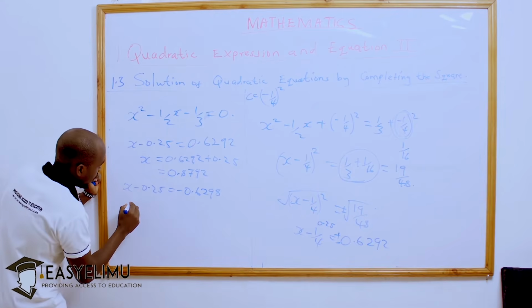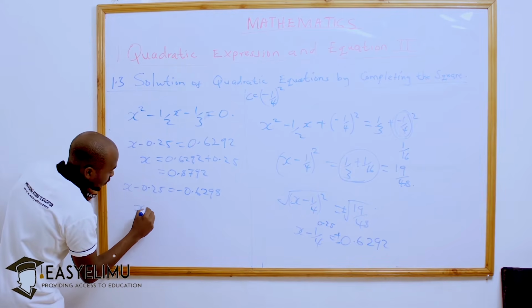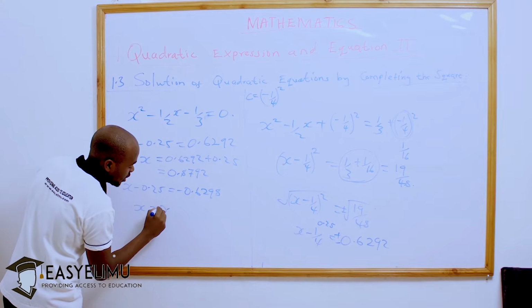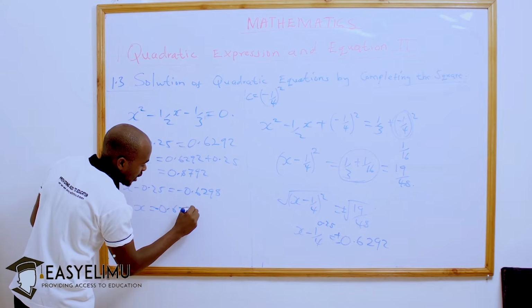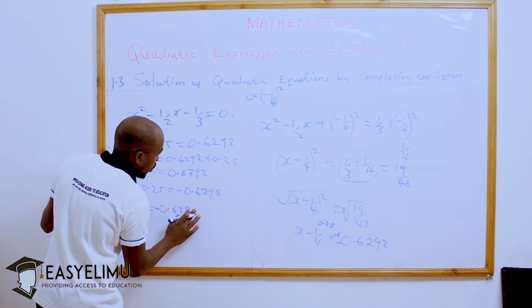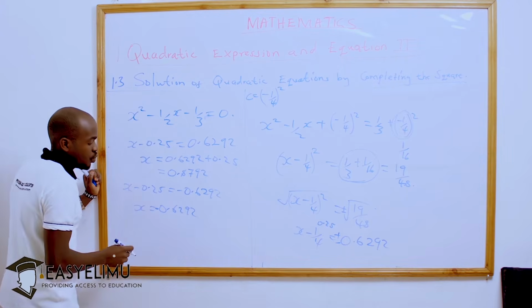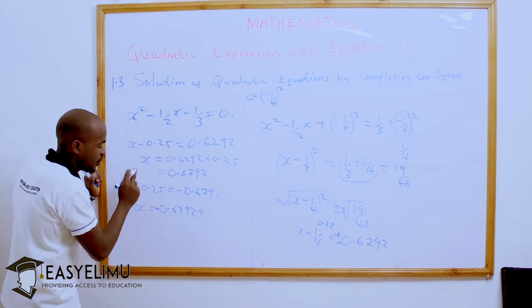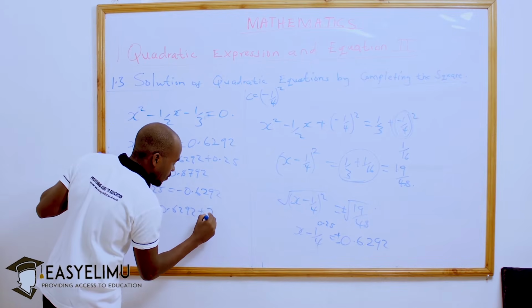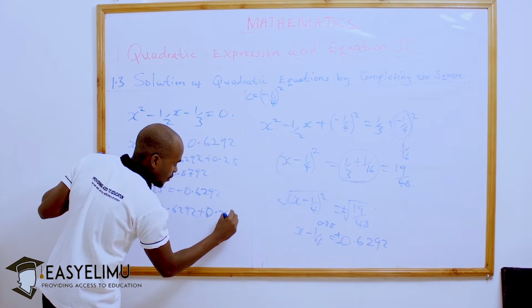If we consider that way, you will find the value of x will be negative 0.6292, and on the other side positive 0.25.